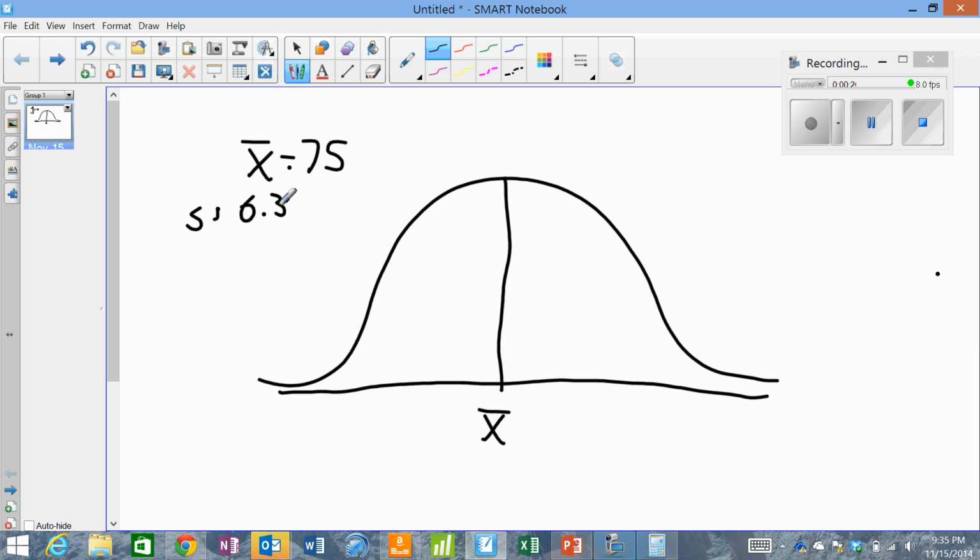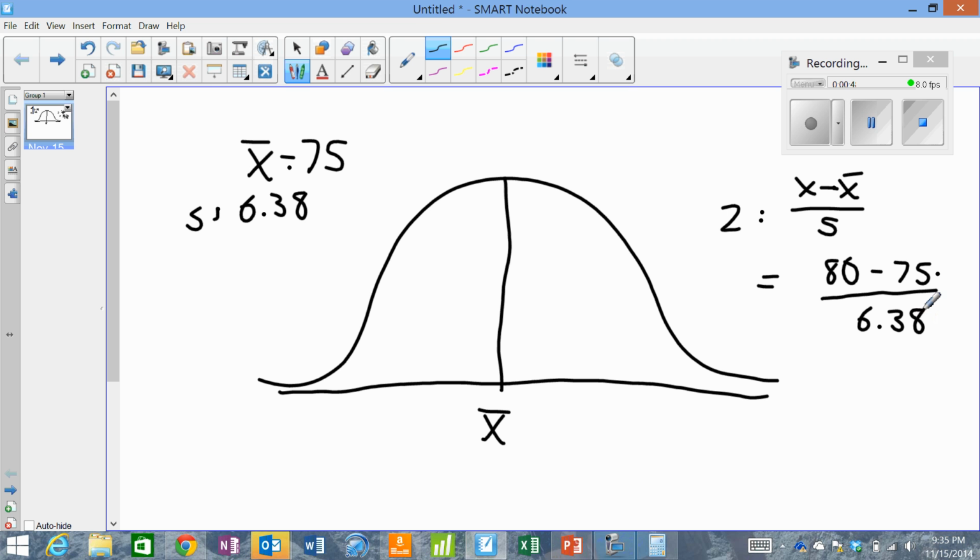So what you first need to do is calculate your z-score. To do that, you're going to calculate z equals x minus the mean, divided by the standard deviation. In this one, if we're looking at above 80, we take our 80 minus our mean of 75, divided by our standard deviation of 6.38.